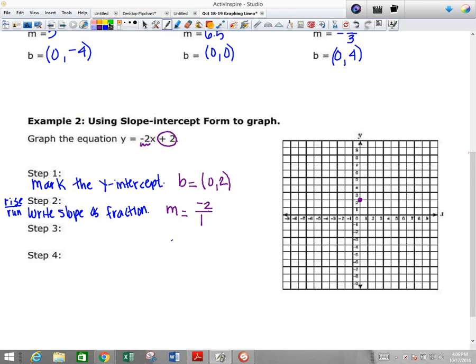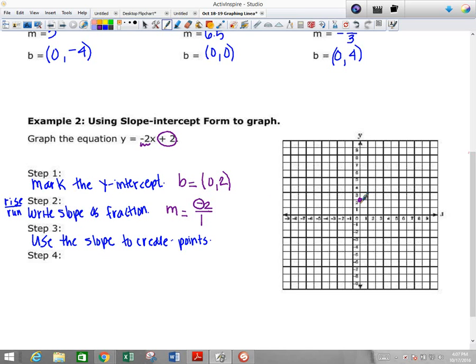Next, we can use the slope to create points. How do we do this? First, we start with the y-intercept that's already marked on our graph. Here it is. And our slope tells us to rise 2 and run 1. Now, make sure you remember this negative sign over here.